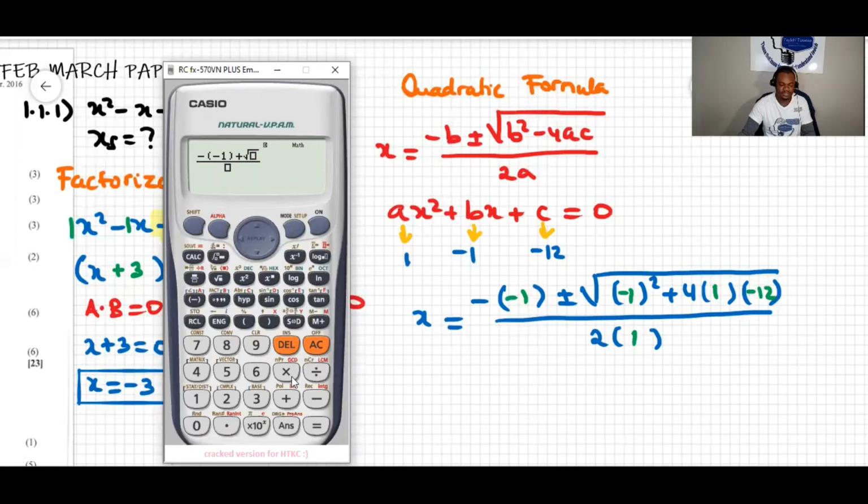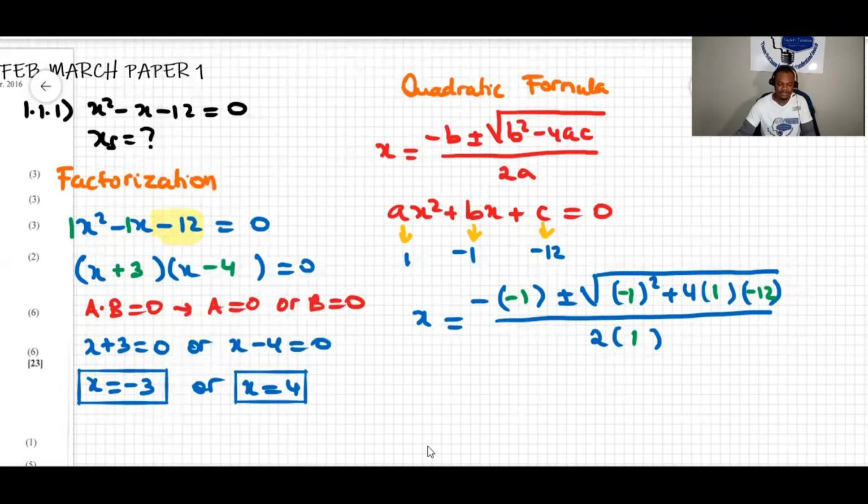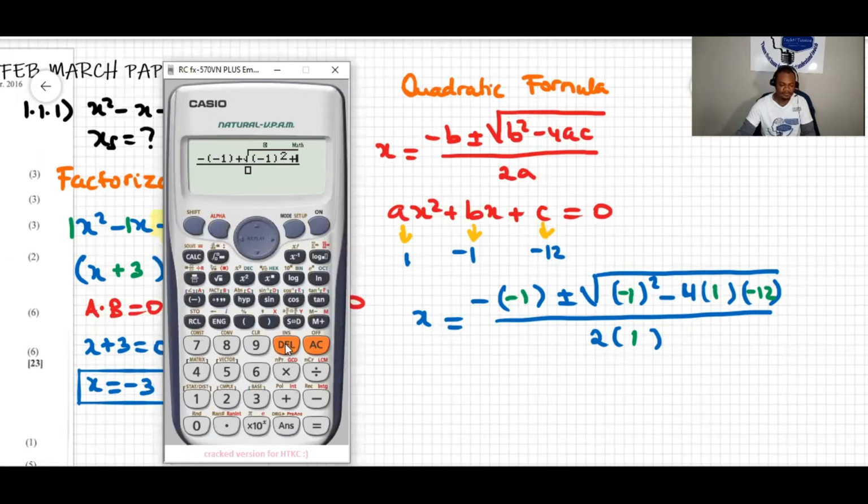Plus the square root of negative b, so -1 to the power of 2, minus, I said plus there, but I meant minus 4ac, and then c, which is -12, close bracket, all over 2a. So 2, open bracket, a is 1, close bracket.